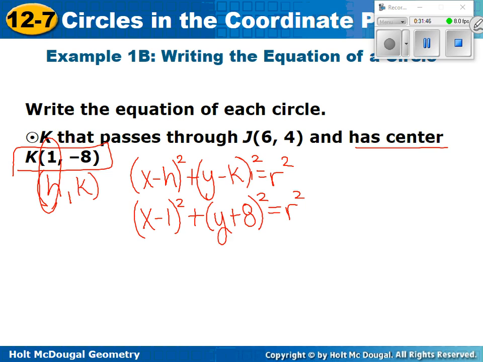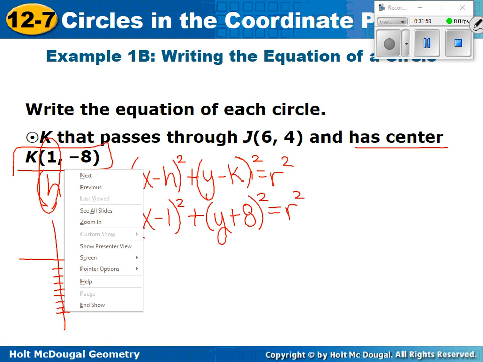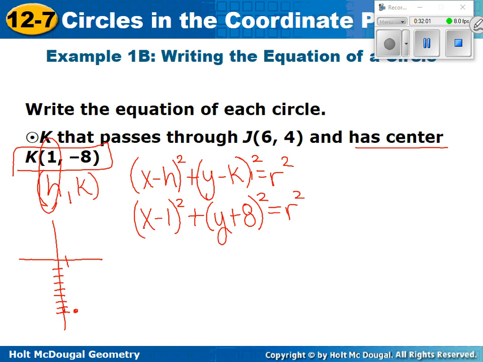The first way is to think about this graphically. So if you sketch yourself a little graph, we've got the center at 1, -8. So our center's way down here, at 1, -8. And then we have a point that our circle's passing through at 6, 4.